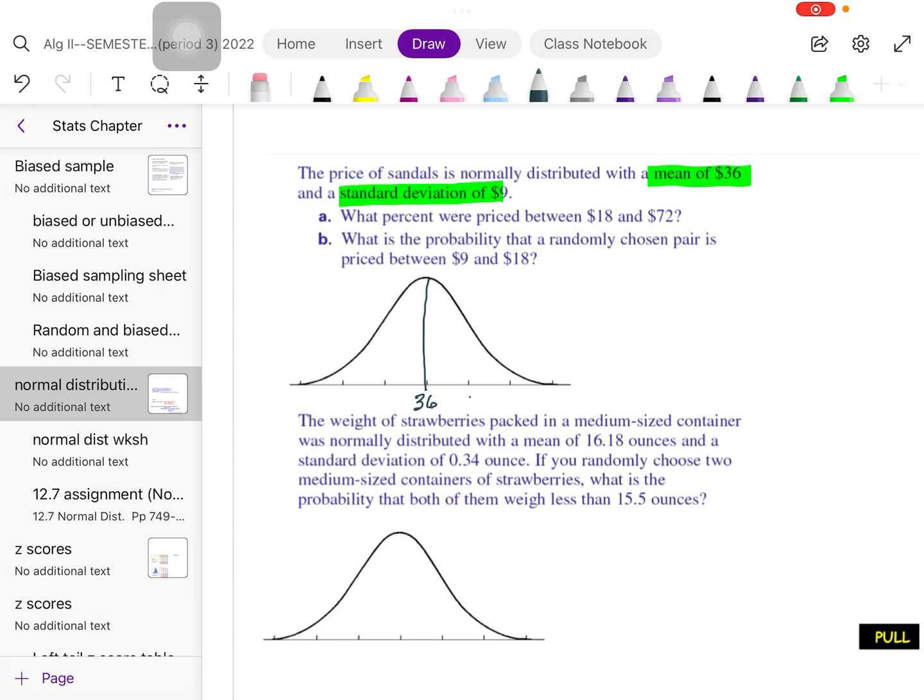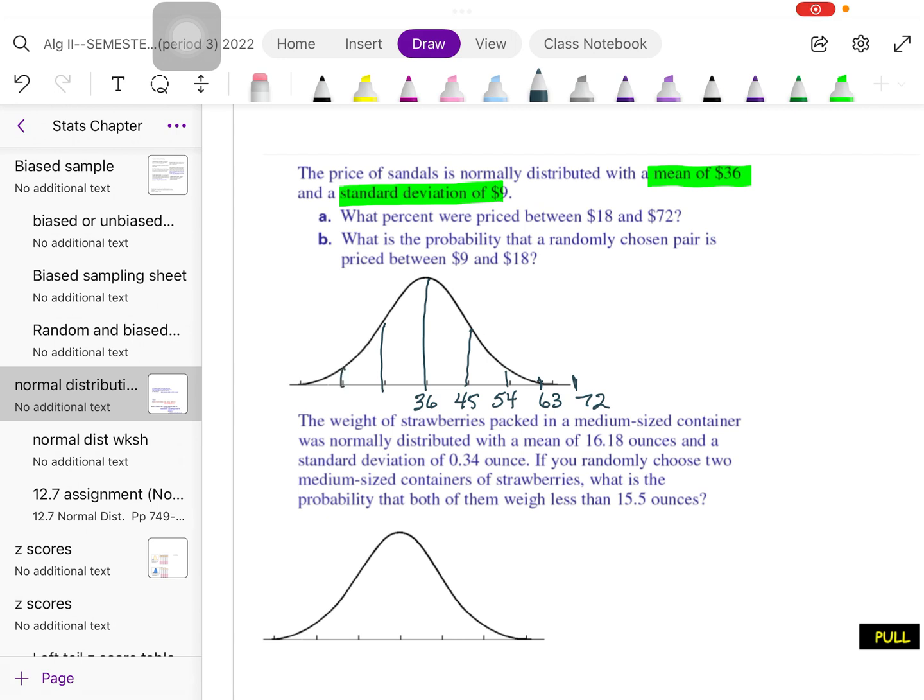When I go plus 1 deviation to the right, I add $9, so that would give me $45. 2 deviations to the right will be 54, so I add 2 nines. 3 deviations to the right will be 63. And then out here on the tail, another deviation would be 72.